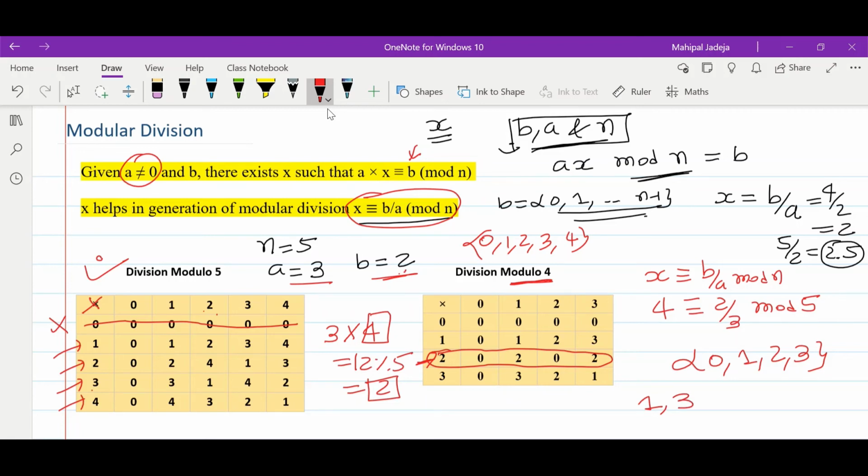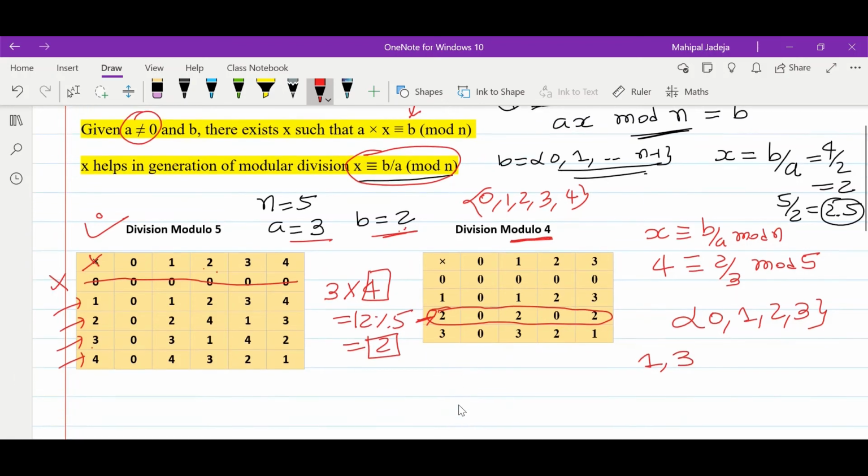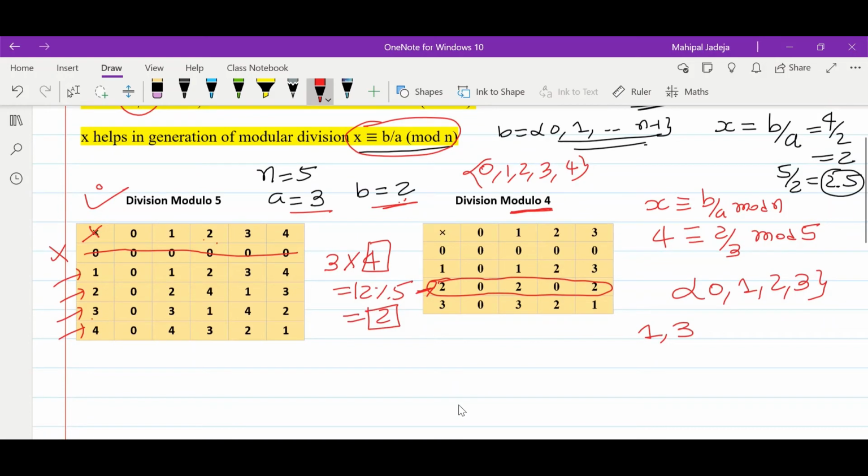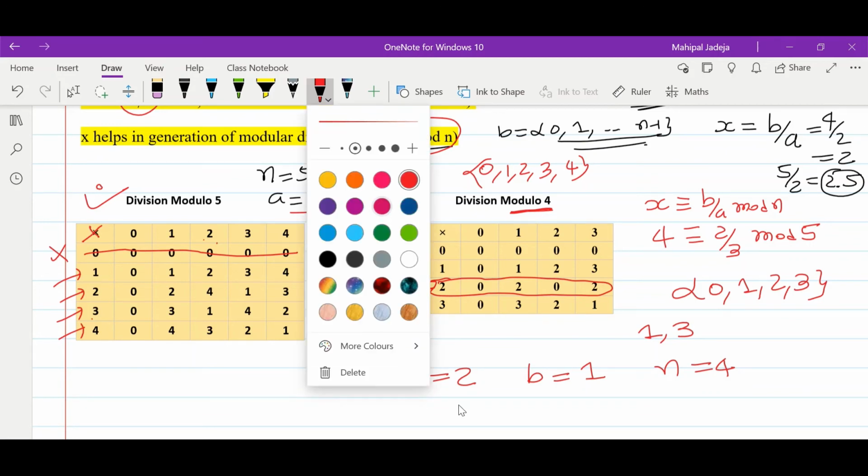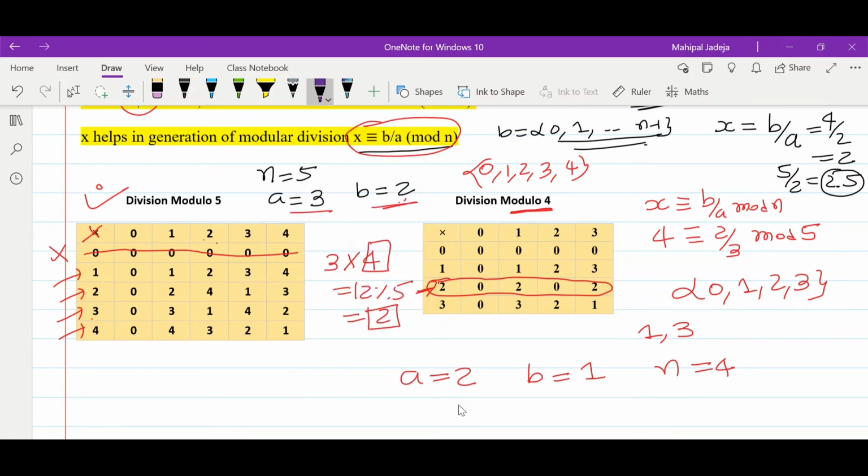So what we are trying to say is, let me give some values. Let's say the value of a is 2, and I want the remainder value to be 1, and n is 4 because we are considering mod 4. Here we are talking about division of b by a, which is 1 by 2 mod n.